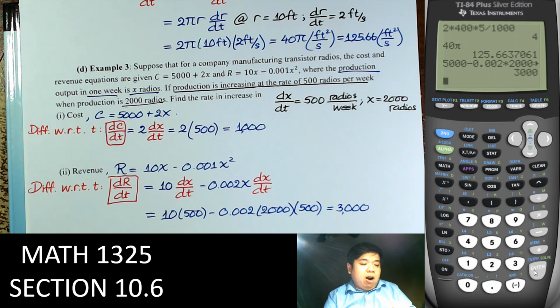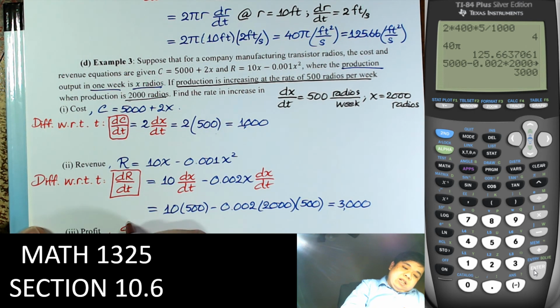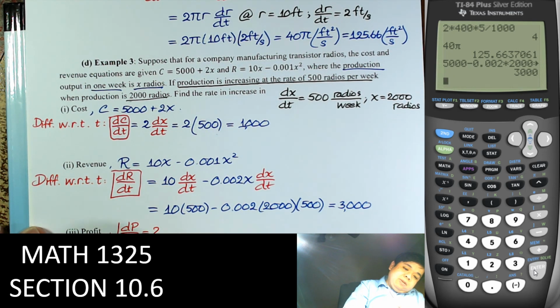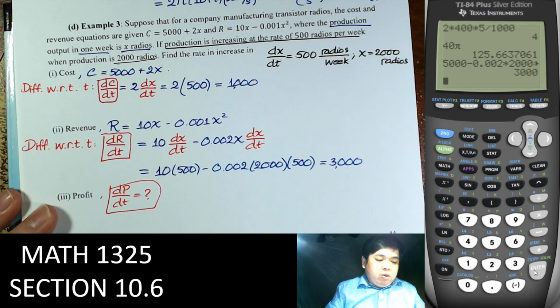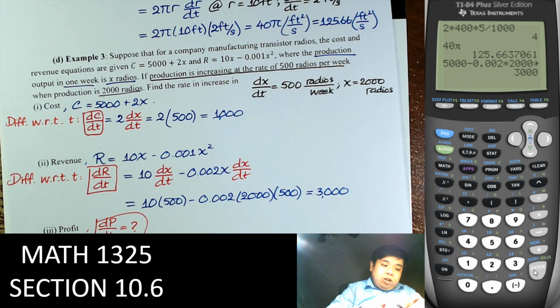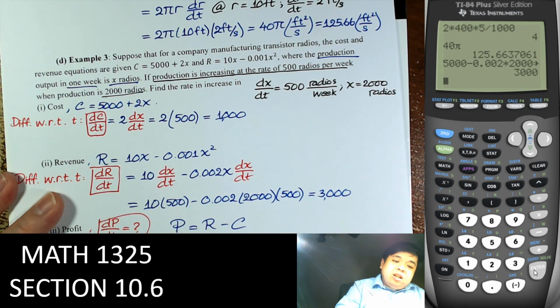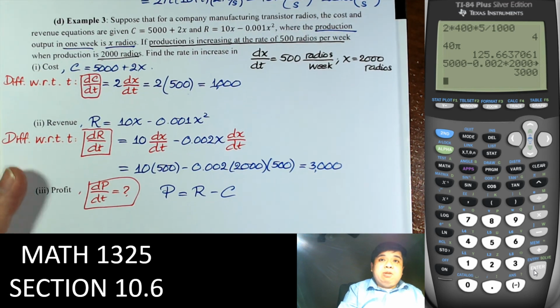And then find the rate of increase in the profit. So the question here is asking for dP over dt. Right. Of course, we can say the profit is equal to the revenue minus the cost, and then we can substitute the function and simplify.